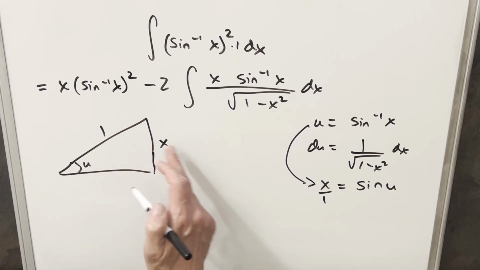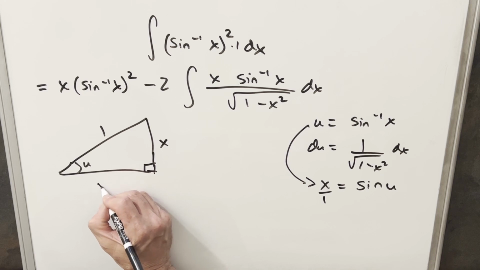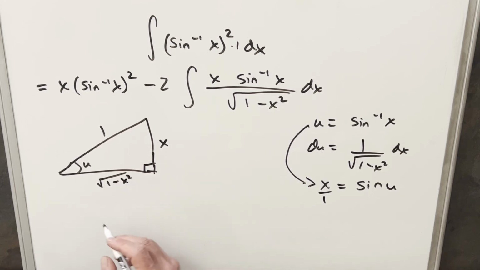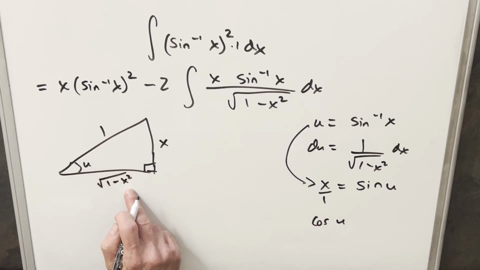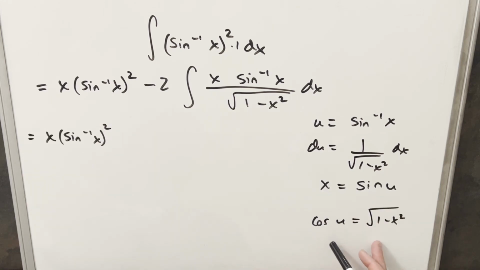Sine of u is opposite over hypotenuse, so x over 1 gives us our x. Using the Pythagorean theorem to find the third side, we get the square root of 1 minus x squared. So cosine of u is adjacent over hypotenuse, which is square root of 1 minus x squared over 1. Okay, so I think we have everything we need over here to the right.